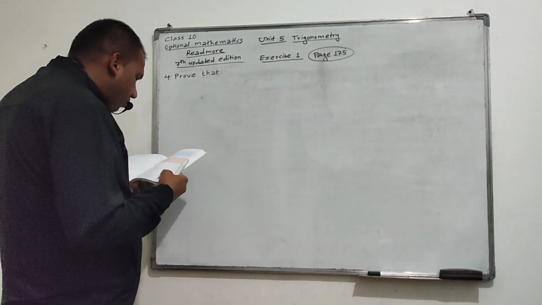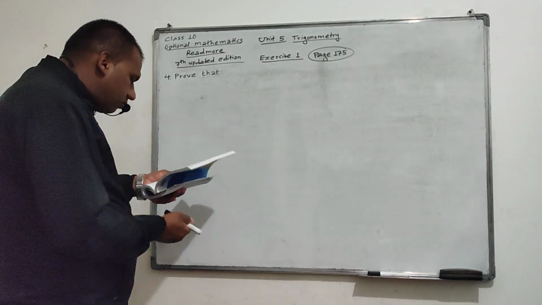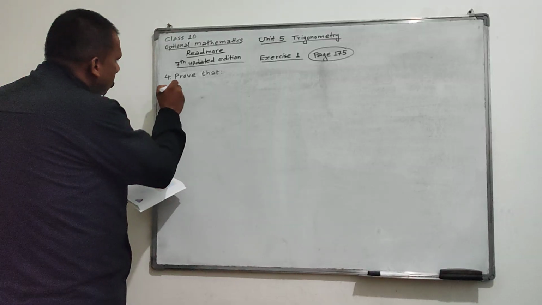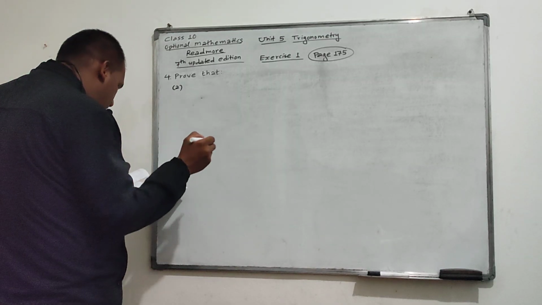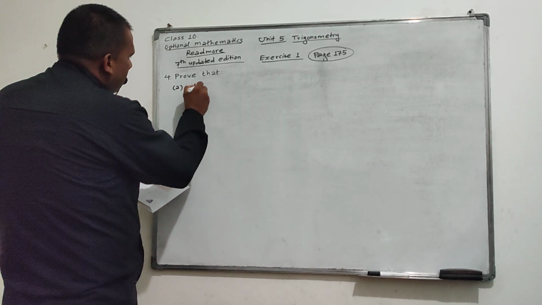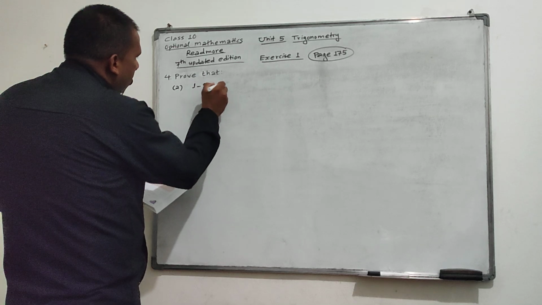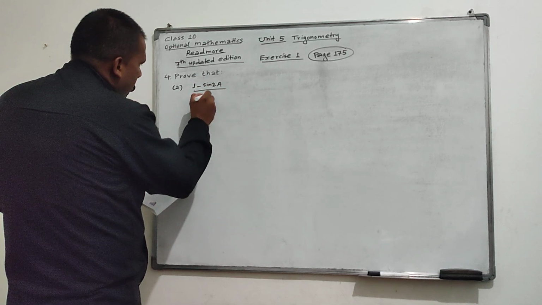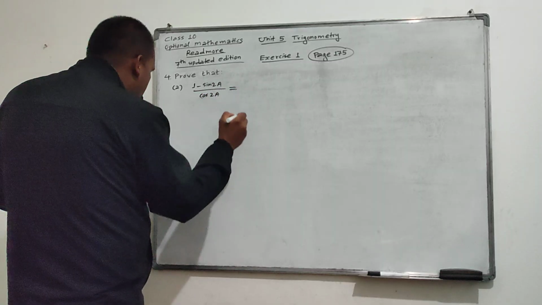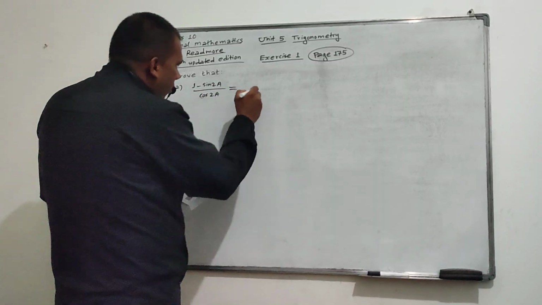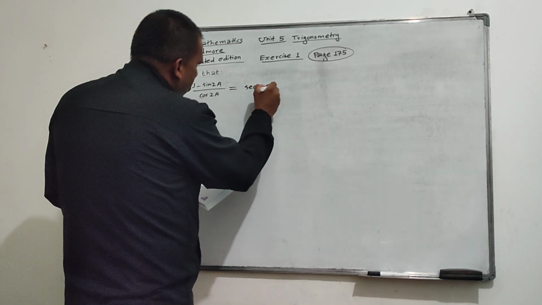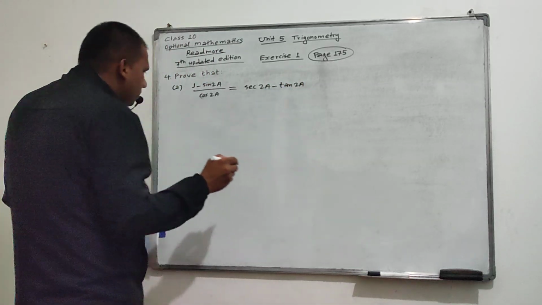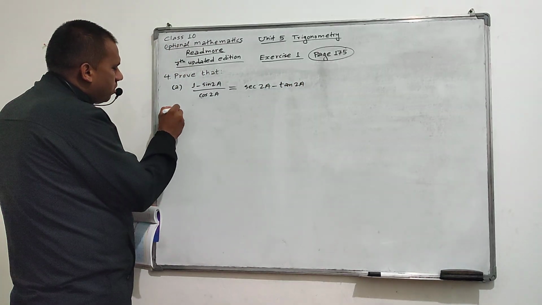In 4, prove that (1 minus sin 2a) upon cos 2a is equal to sec 2a minus tan 2a. Now its solution.